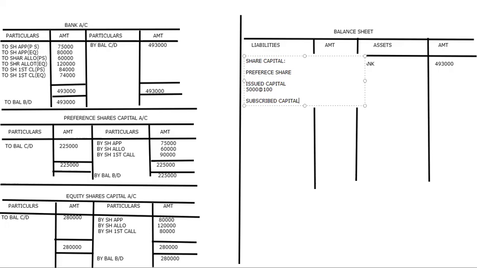The subscribed capital is preference shares, now 3000 at the rate of 100 each, which is 3 lakhs. But in that, did we get the total amount? No. So what we are going to write? Less arrears, calls in arrears. Here I don't have space, so I'm writing only arrears. So arrears, we have got how much less?